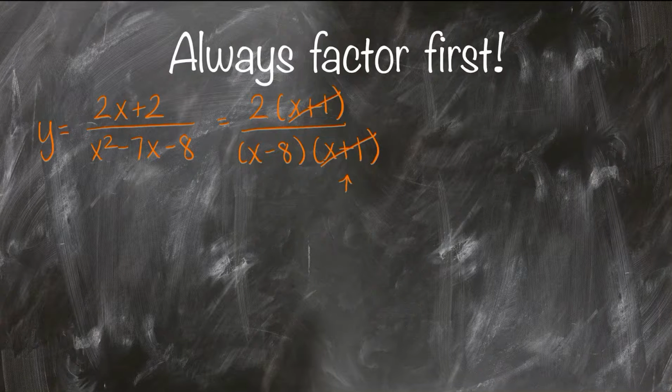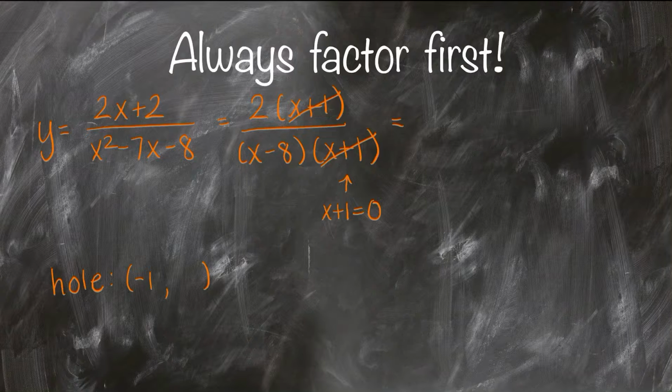What's going to happen is we're going to have a hole where x plus 1 equals 0. Well, where does x plus 1 equal 0? Well, it would equal 0 at -1. So our hole is going to have an x value of -1. What's the y value? Well, we find that by using our new function.